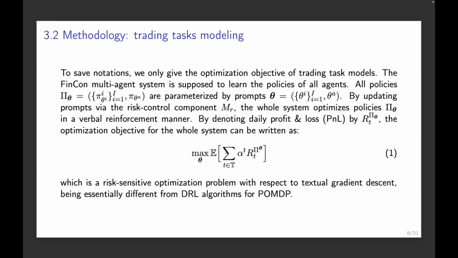It looks similar to traditional reinforcement learning, but we are doing verbal optimization of this objective. This is a risk-sensitive optimization problem with respect to textual gradient descent, which is essentially different from the traditional gradient descent algorithm. We will explain this in the next slides.